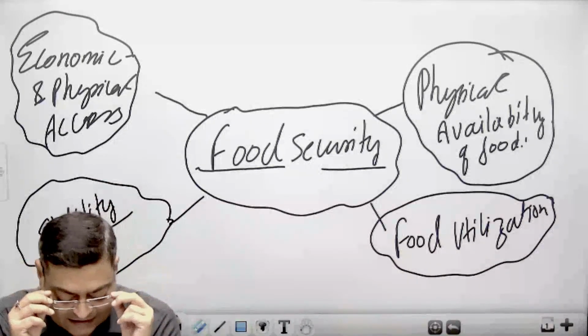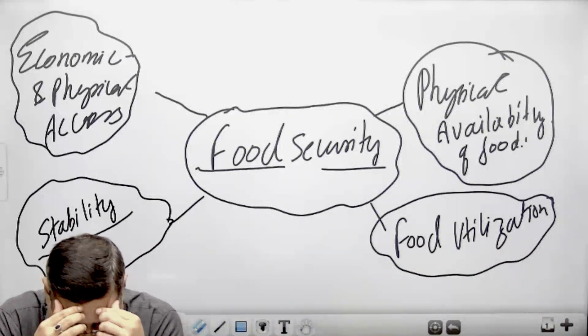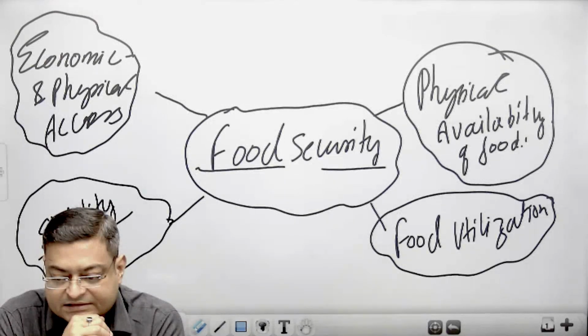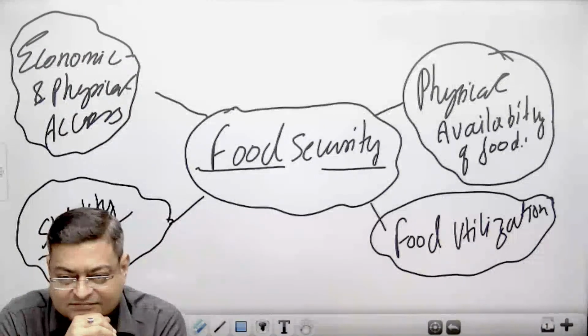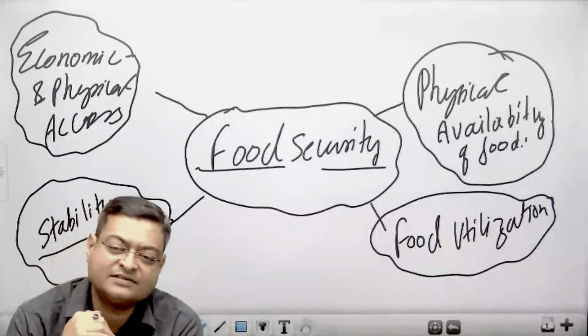So the last is stability. I joined very late. I joined ALS in some November, and I took only a few of the sections of your geography. This time I will be taking it extensively.